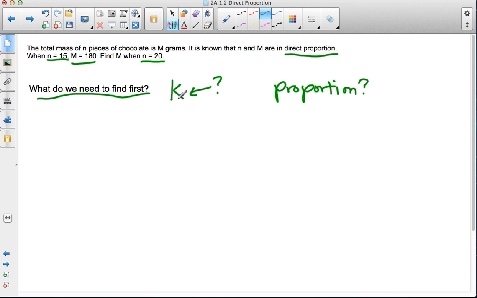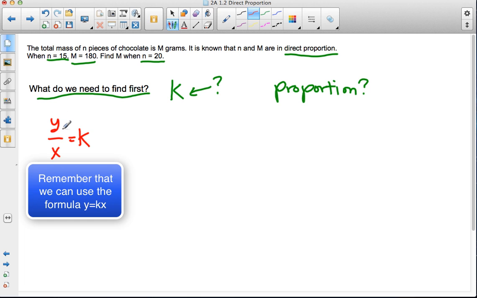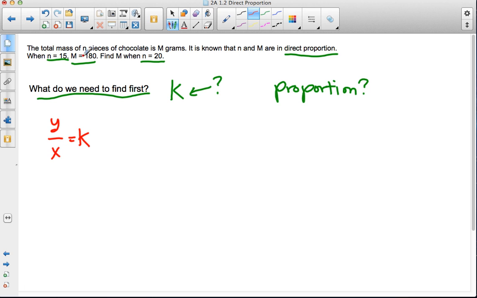If we want to solve it by finding the constant, the first thing we're going to do is remember that to get the constant, we take y divided by x. In this case, what's y and what's x? X is the independent variable, so n pieces of chocolate is what's independent. So we're going to take 180, which is the dependent, the grams of chocolate depends on how many pieces.